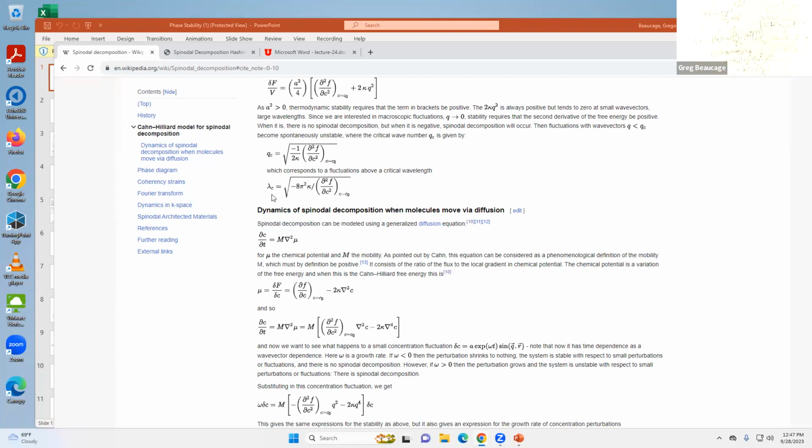So you'll end up with this equation. This term goes away somehow. I don't know how that goes away, but basically it goes away. Then after you integrate it, they have dF per volume equals A squared by 4 times del F over DC, at C equals C0, plus 2 kappa Q squared.